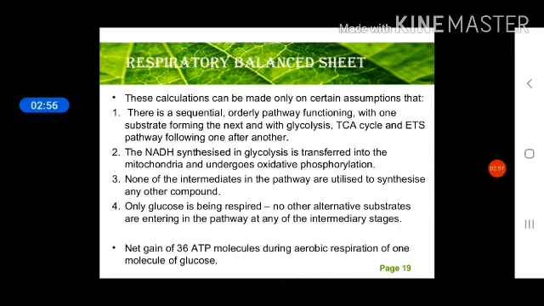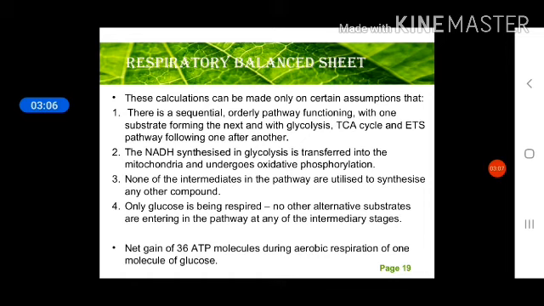Third, none of the intermediates in the pathway are utilized to synthesize any other compound. It is theoretically possible, but practically there are so many processes taking place at the same time. Just suppose glucose forms glucose 6 phosphate, and after that many intermediate products are formed, but as per requirement the cell can utilize these intermediate products for the production of other molecules.